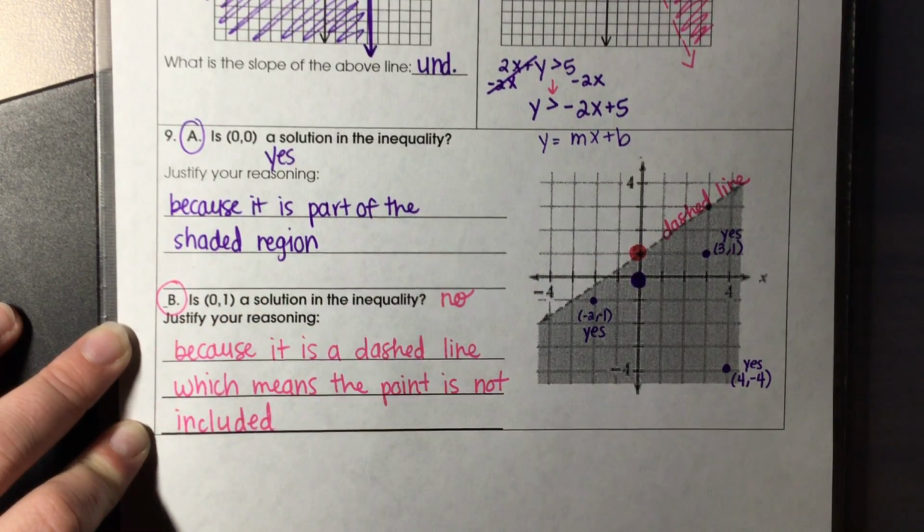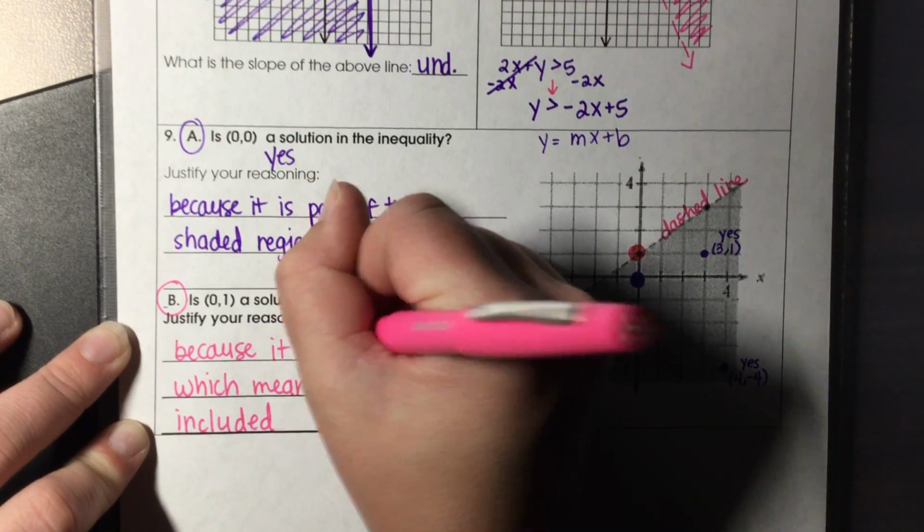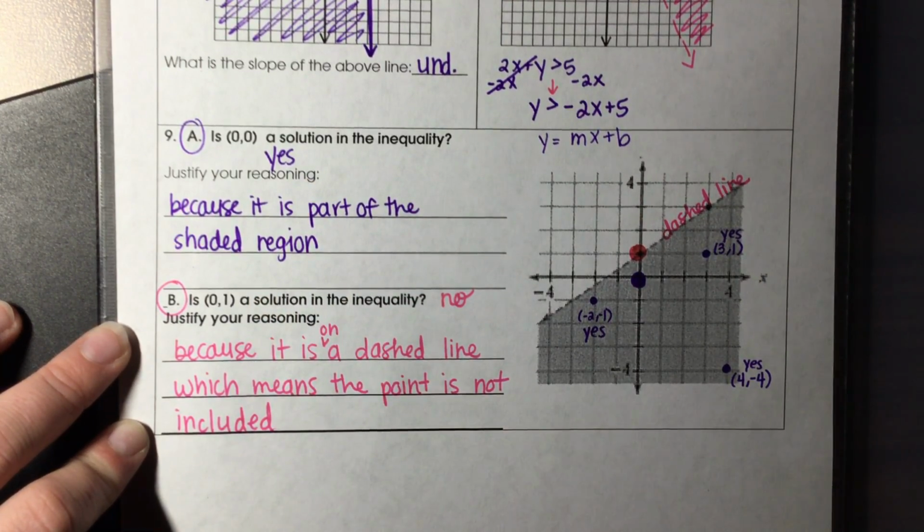Because it's on the dashed line, the point is not included.